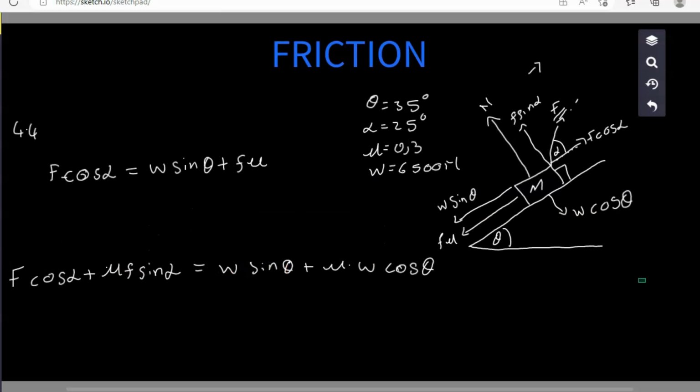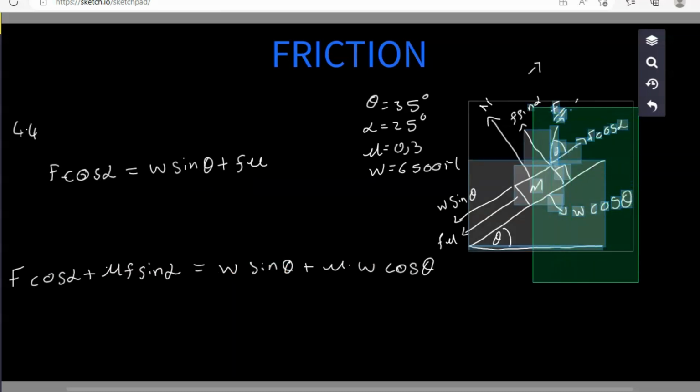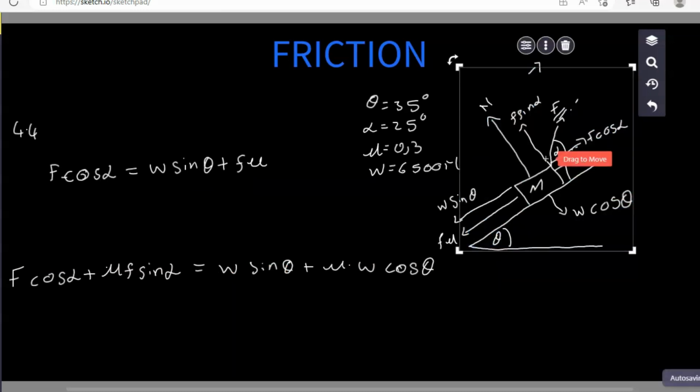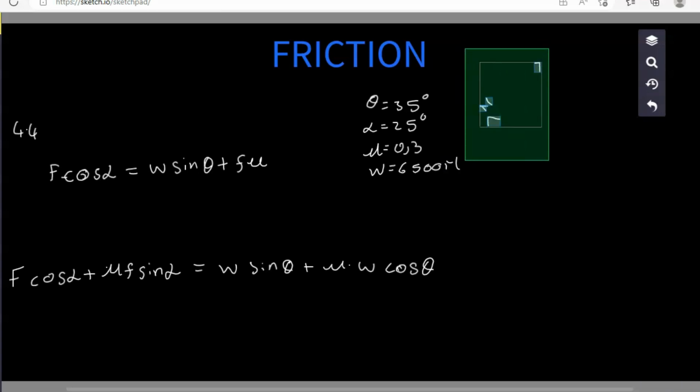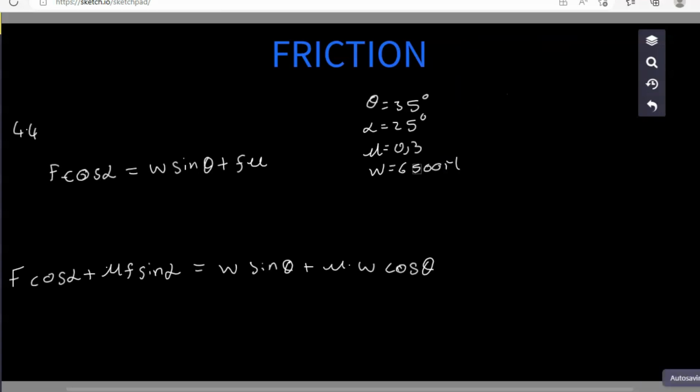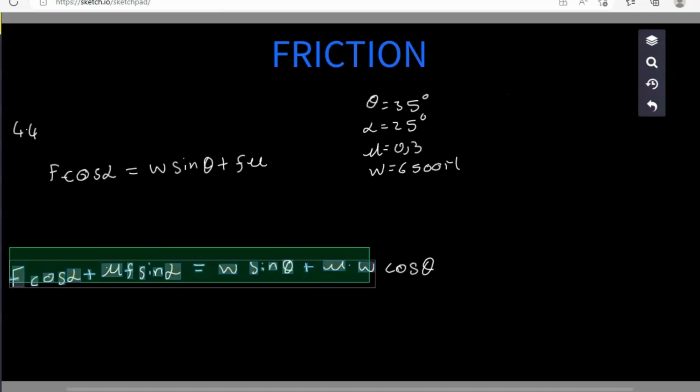I no longer need this diagram, so I can erase it. Move this up.